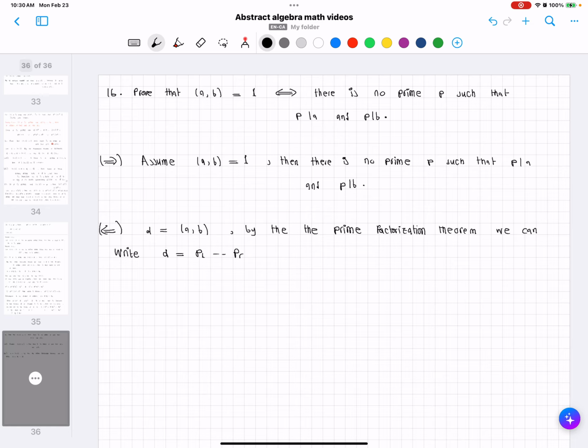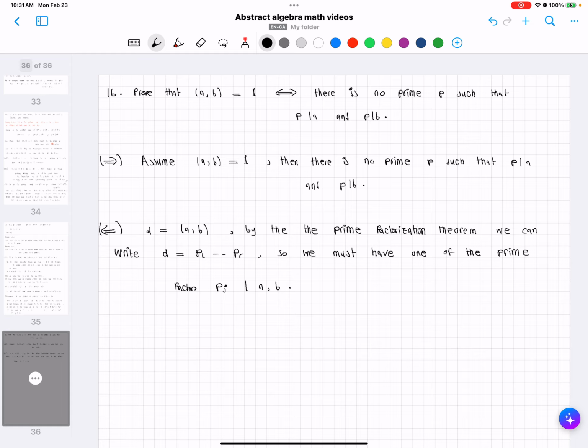So we must have one of the prime factors Pj dividing both A and B. But that's impossible.